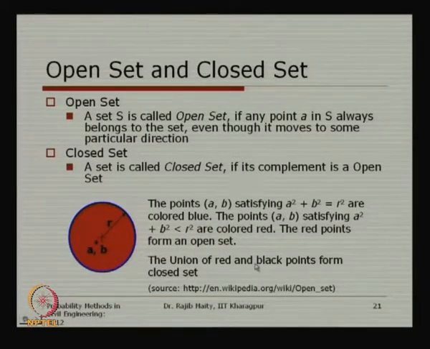The union of the red and the blue points forms a closed set, because if I take the complement of this union, which is nothing but this full red area including the blue boundary, then the complement is completely outside, and that is an open set. So that is why this union is a closed set.